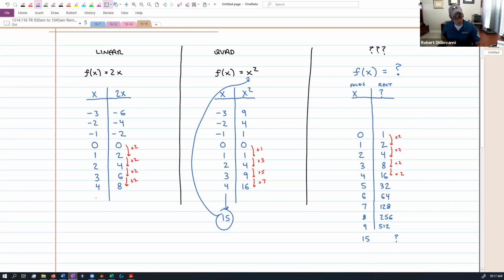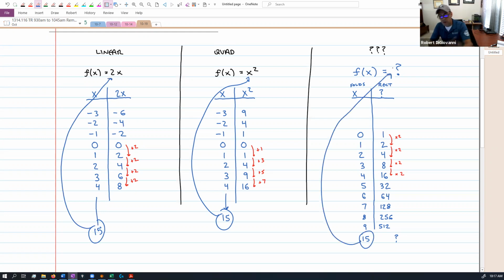Here, if I need 15, I need a function to plug it into, but I don't know what the function is. All I know is that it keeps multiplying by 2 each time. Y'all see what I'm saying? We want a function that will do this for us. So can we figure out the function? I'm going to help you see it, okay?